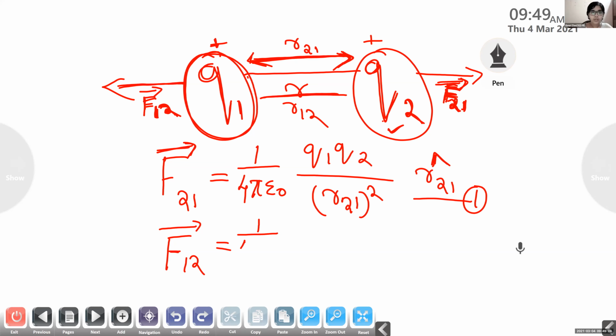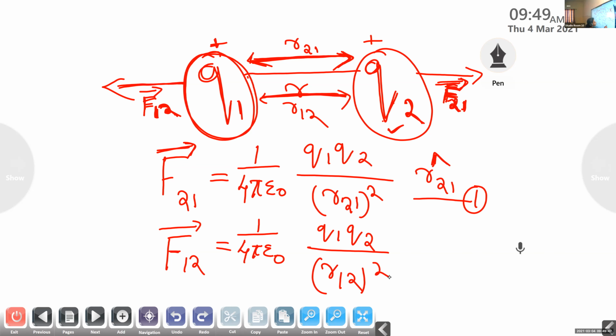Yes, very good. 1 by 4 pi epsilon 0, Q1 Q2 by R12 the whole square, because here the charge Q1 is repelled by the charge Q2 at a distance R12, into the unit vector representing this force, R12 cap. Yes, very good. This is our equation number 2.